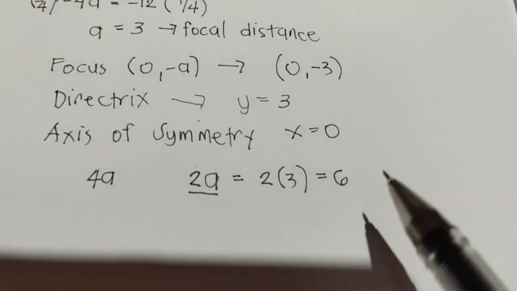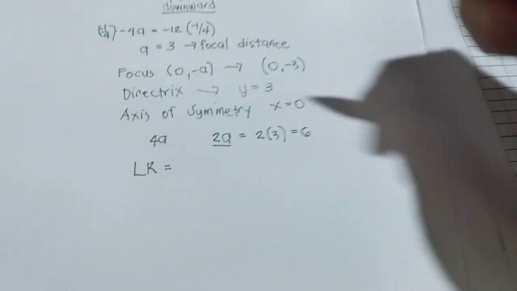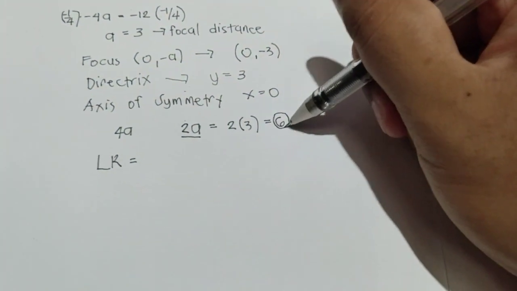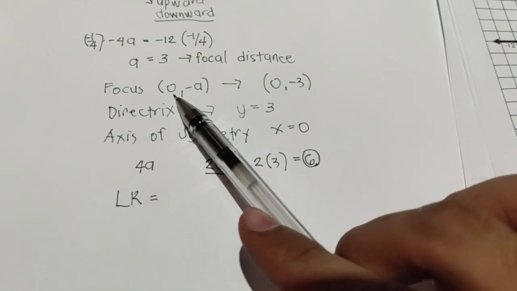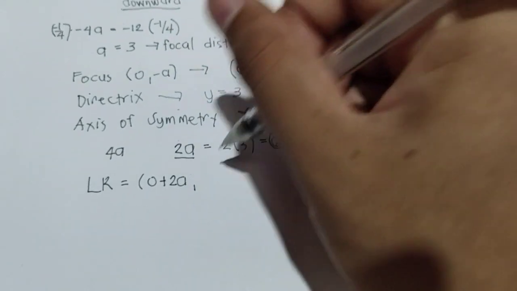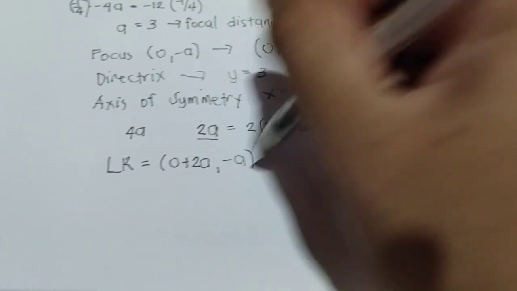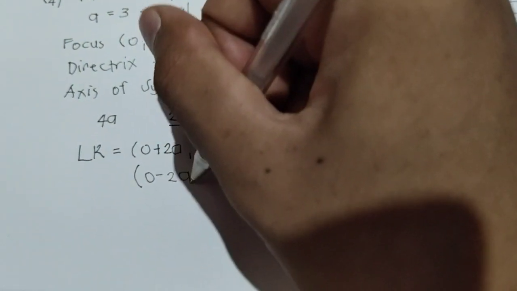Note that to get the endpoints of the latus rectum of the parabola, we need to add and subtract the 6 to the x coordinate of the focus. So we have 0 plus 2a, negative a, then we have 0 minus 2a, negative a.